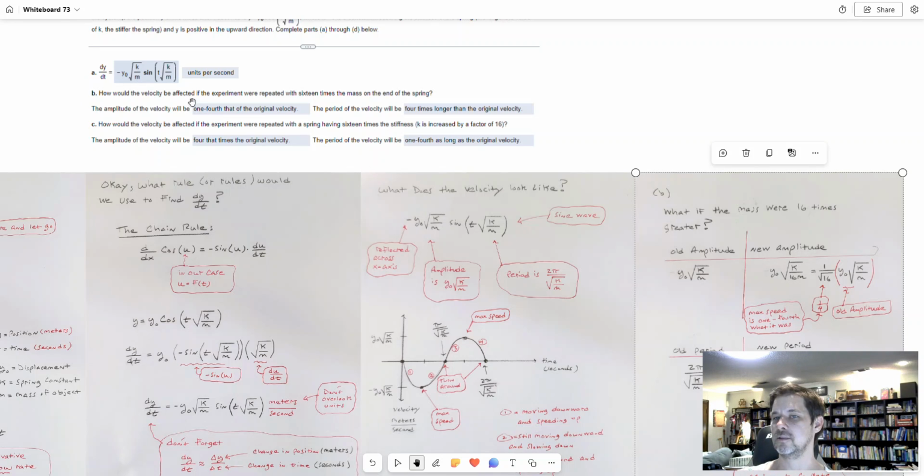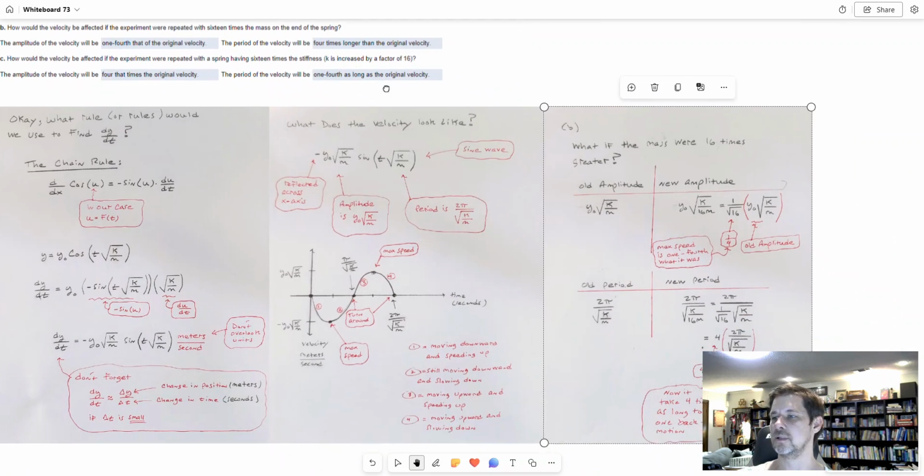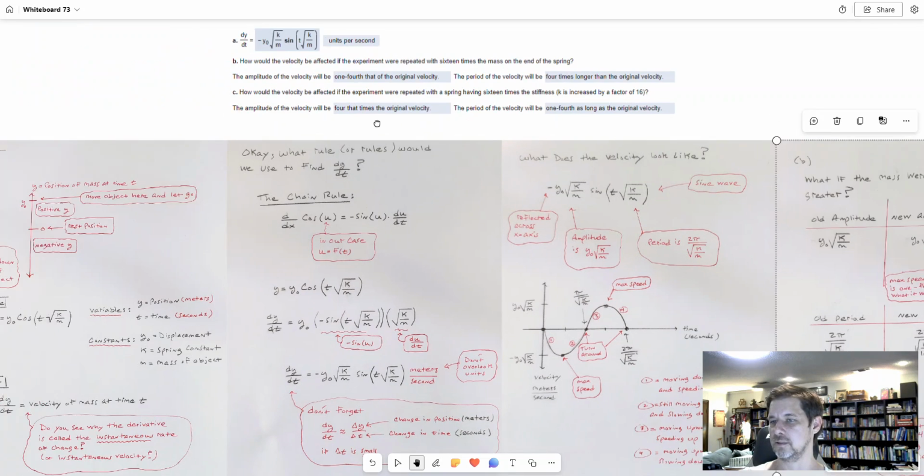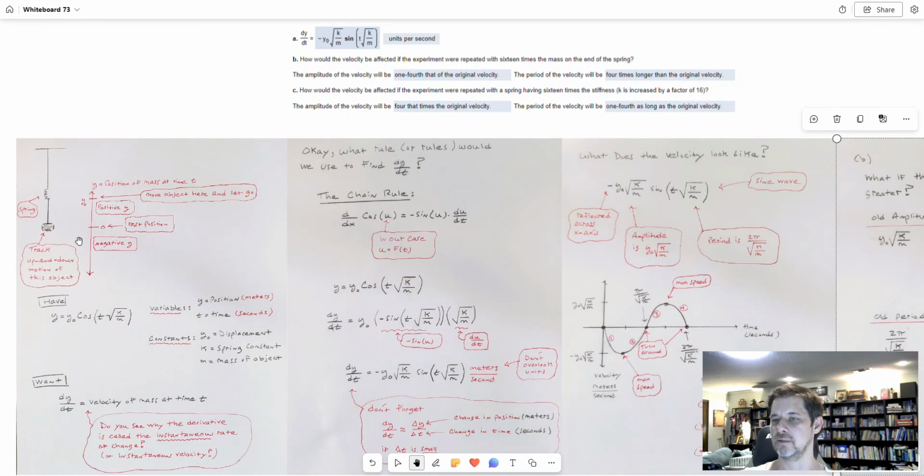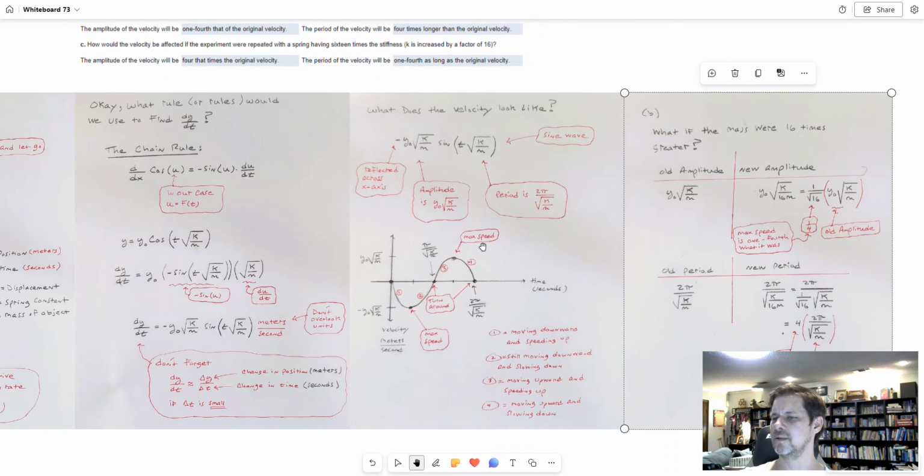Now, the next questions are, like I said in my summary at the beginning of the video. So you've got this mass on a spring, this object on a spring, and it goes up and down. It does appear that the amplitude and period of this wave that describes the velocity would be different if the mass or spring constant, m or k, were different, or if the original displacement, y naught, were different.